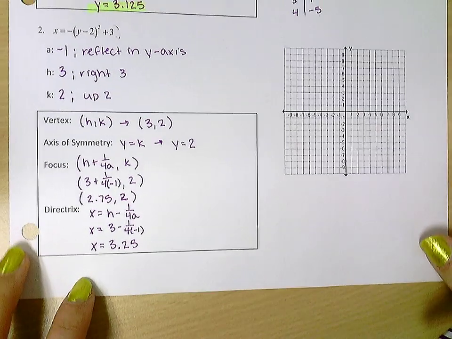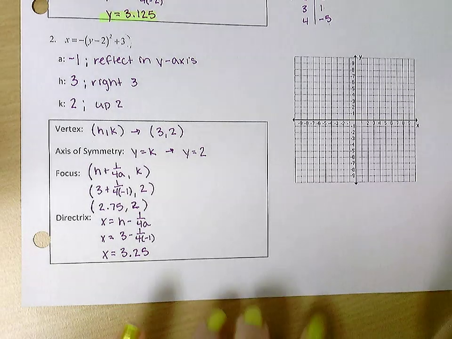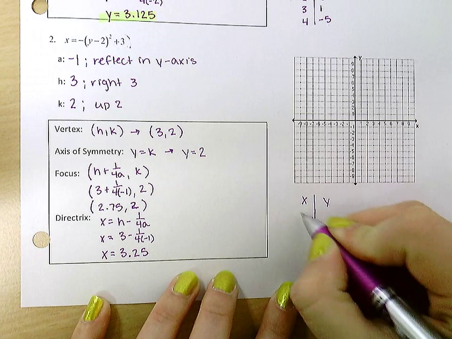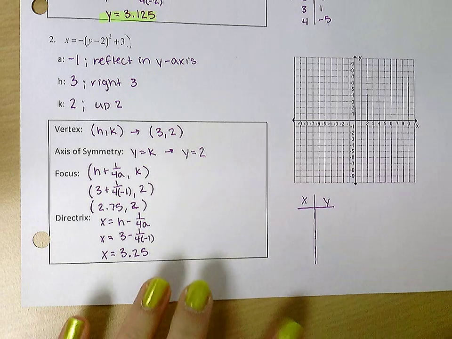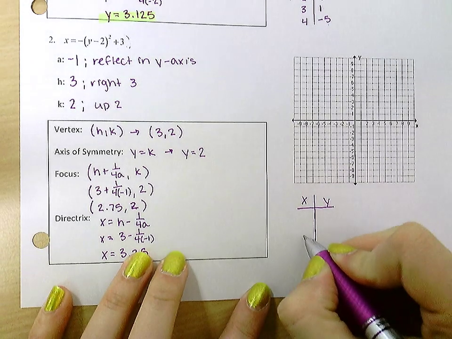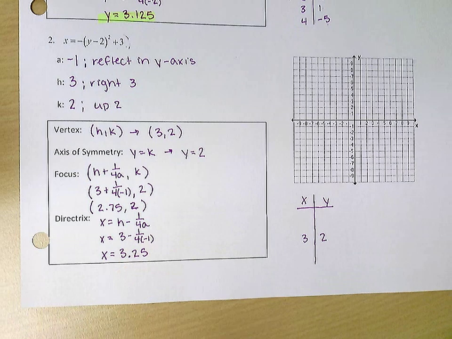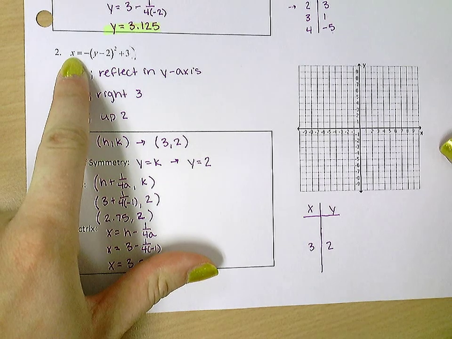Again, we still have to graph, but we can use that table of values. Again, our vertex we want in the middle, so we have a vertex of (3, 2). Now the values I'm going to choose are not going to be x values. If I chose x values, I'd have to plug them in here.